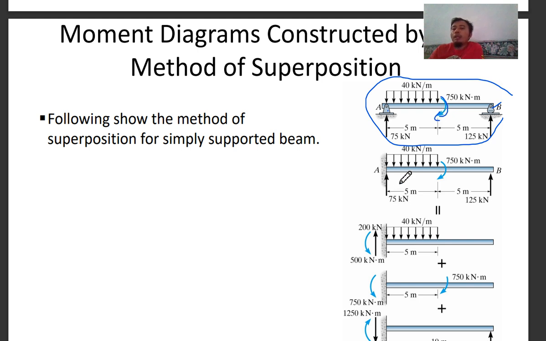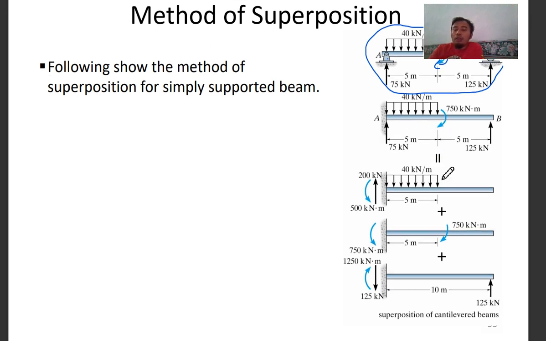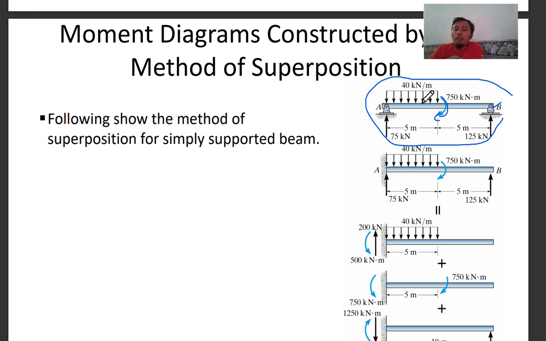You can basically disassemble it and solve it separately, as shown here, by applying the forces here separately.